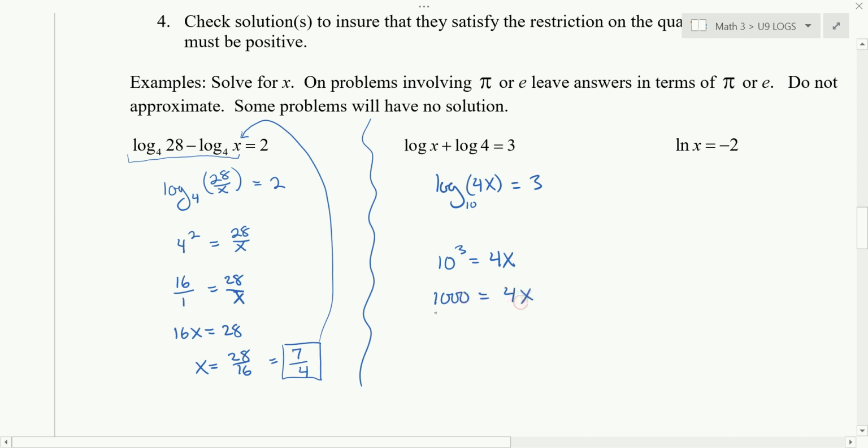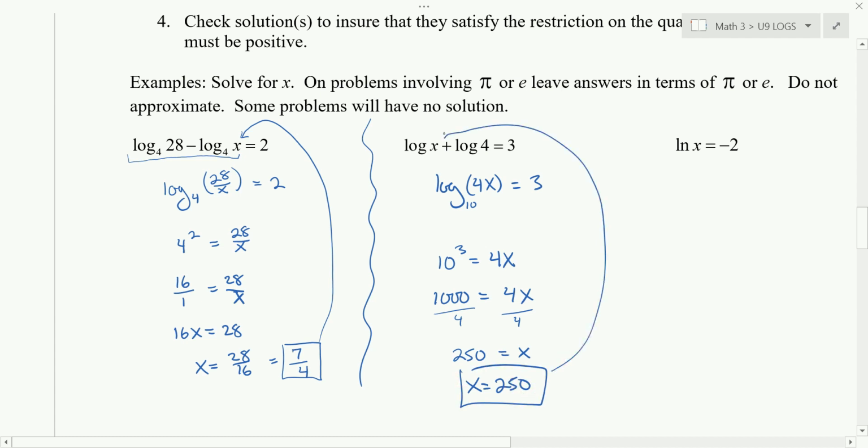And then you divide 1,000 by 4. What's 1,000 divided by 4? 250. And if we plug 250 in for x here, we're still going to take the log of a positive number, so we get to keep that. Okay. Try the next one.